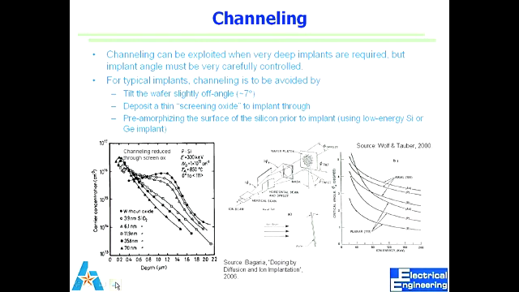We can go down to 12 microns, which is really deep, even by device standards. So we can use channeling to our advantage. And just to get rid of any channeling, we use a large angle, 7 degrees off-axis. And we give a screen oxide.